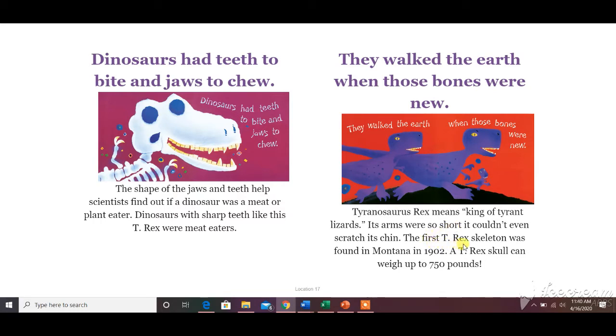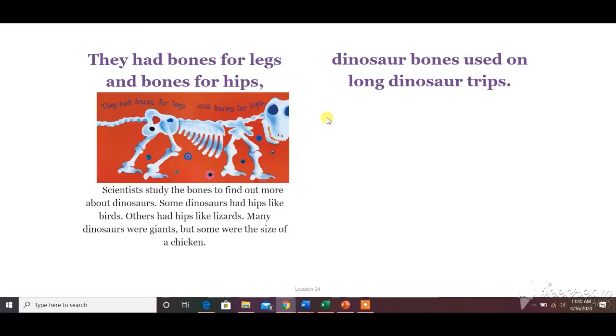They had bones with discs and bones with points. Ceratogus had pointed bones on its back. Its small head held a brain the size of a walnut. They had bones for running, with sockets and joints. Stegosaurus spent most of the time munching on plants to feed its huge body.